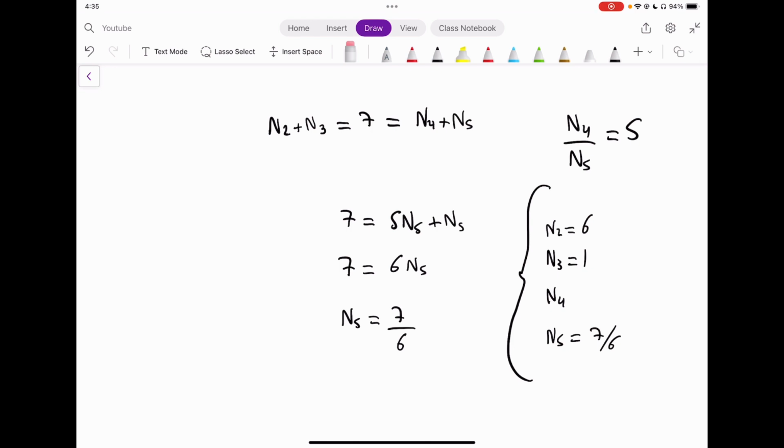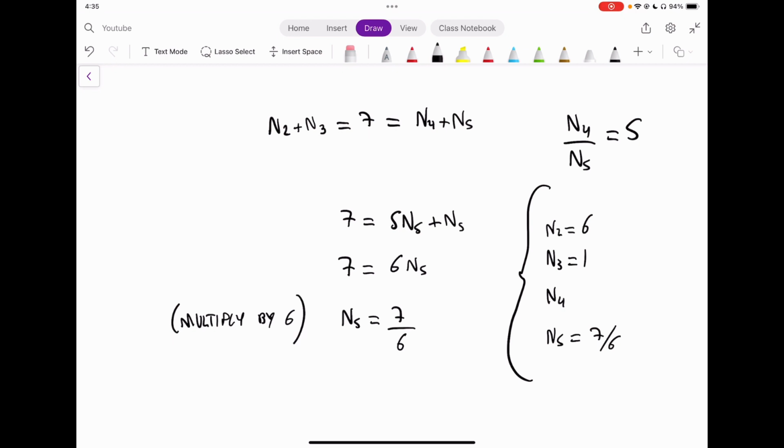Now, what we can do for all these to be whole numbers is, since N5 is the smallest gear, or the pinion on the second rack, we know that it has to be a whole number. So the first thing we can do is multiply this by 6.